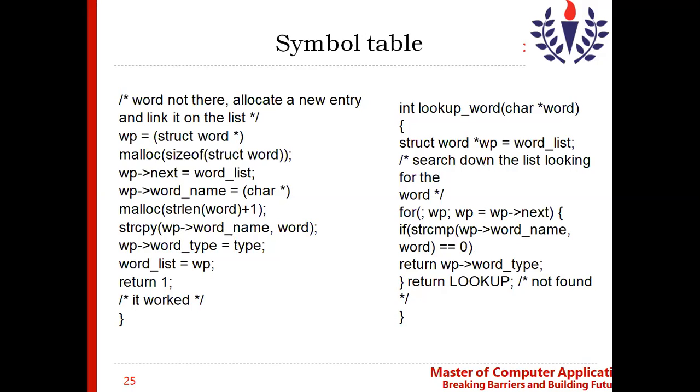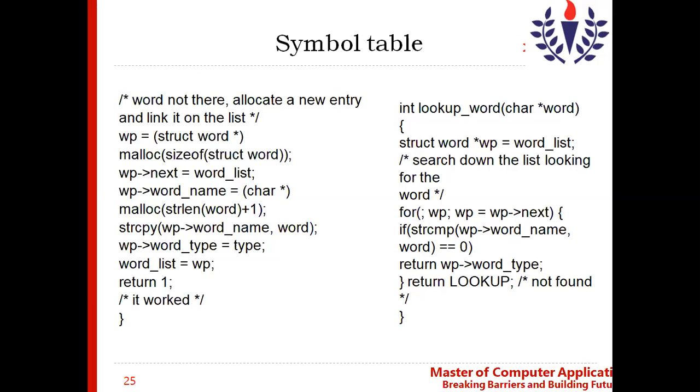There are two parts, one is the word and the other is the type. So we have to copy the word and assign the type also. These two, type and word, are the parameters which have already been passed when you call add word, and they are assigned to the node in the linked list.